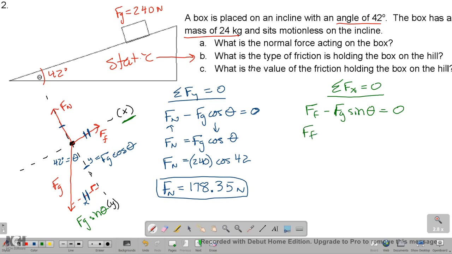Add Fg sine theta to the other side and prove that they are equal to each other. And then we can plug our numerical values in. 240 newtons times sine of 42. This is going to give you a force of friction that is equal to 160.59 newtons.